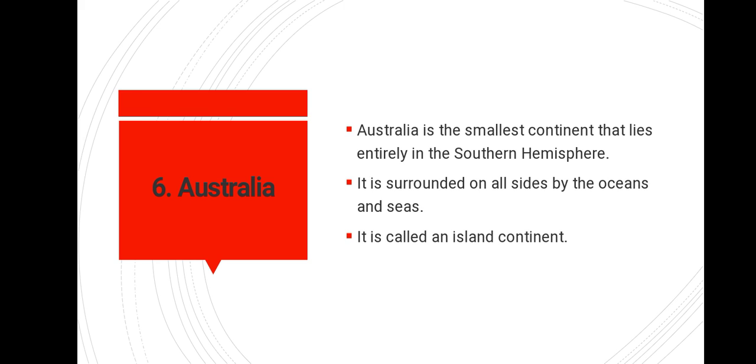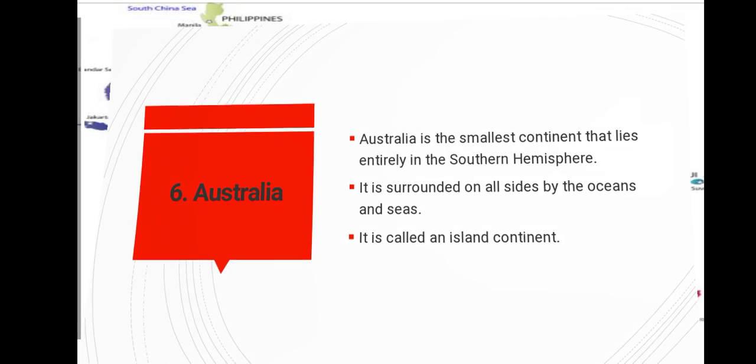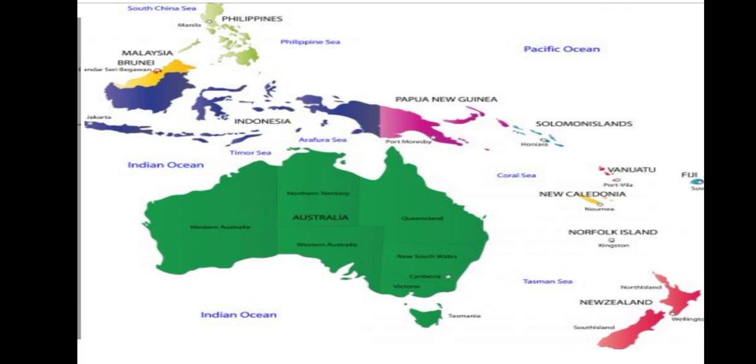It is called an island continent as it is surrounded by seas and oceans. Here you can see the map of Australia. Here the largest country is Australia. This continent is also known as Oceania.